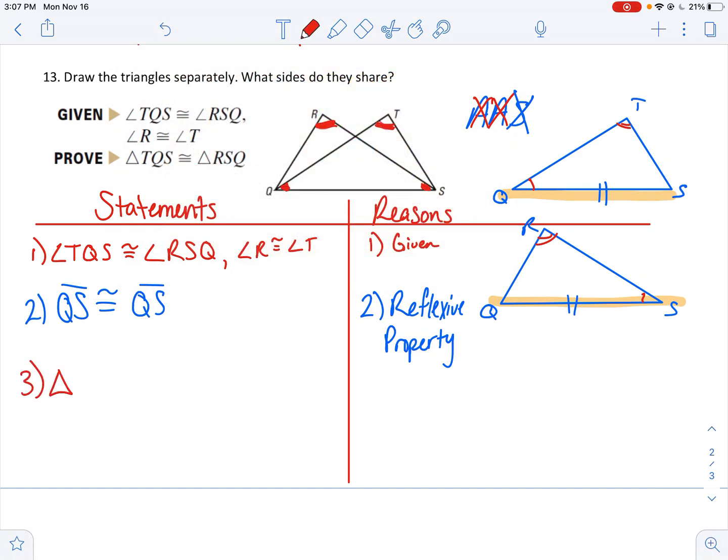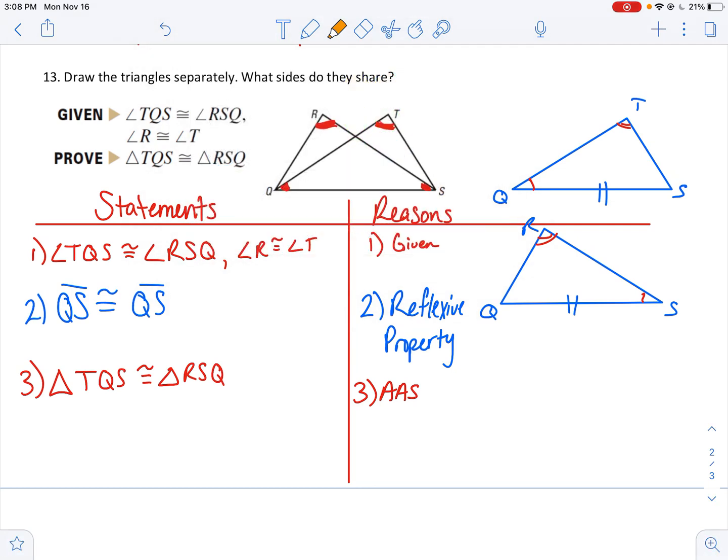So I have angle, side, which means that I'm done. And I can claim that TQS is congruent to RSQ by angle side. And that's what we're doing with these reflexive property sides.